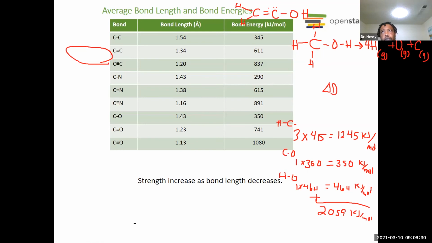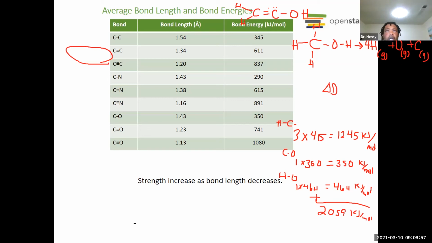Okay, so there's two things that you're going to notice here. So single bond, the bond length is greater than a double bond. So when it's a double bond, it's going to be pulled together a little tighter. If it's triple bond, it's going to be pulled together even more. Does that make sense? So the closer they are, the more energy they need to break them.